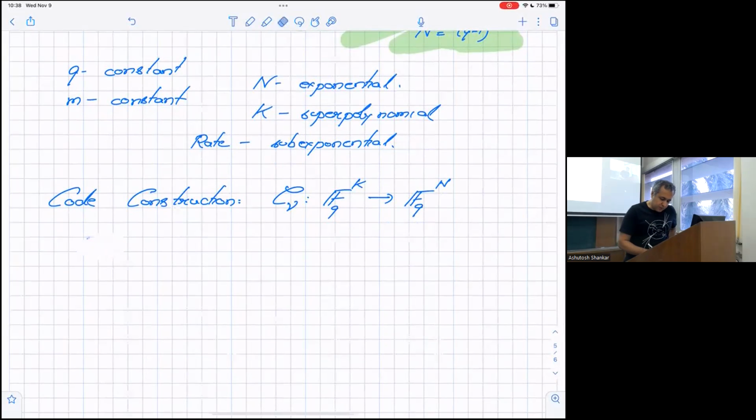Even before the message, this is going to be like a Reed-Muller code, except that it's going to be multivariate. So basically it's going to be the evaluation of a multivariate polynomial. That's what's going to be the code. You're going to view the message as coefficients.